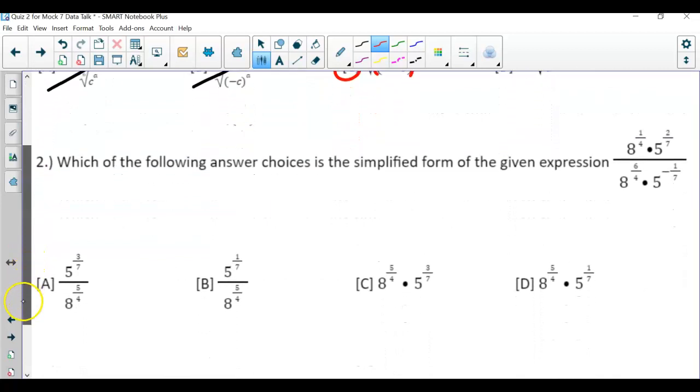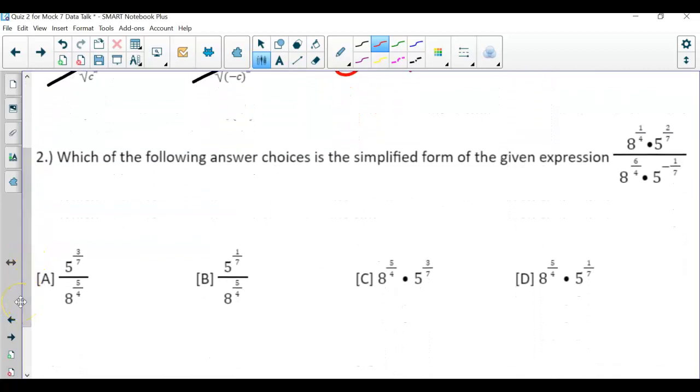Now, question number 2. Make sure when you're following the exponent rules, bases have to be the same. So here we have our 8 over 8, 5 over 5. With dividing, we are going to subtract the exponents. With the base of 8, we subtract: 1/4 minus 6/4, top to bottom, making negative 5/4.